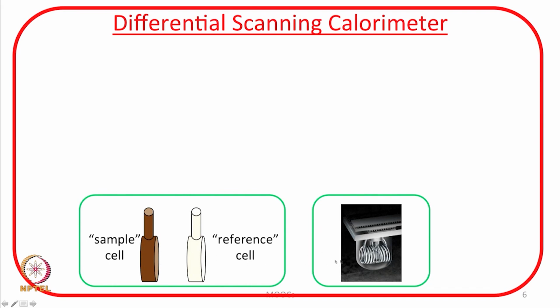What is the advantage of any one of these over the other? We will discuss a bit later, but you do not want any additional reactions to take place when the sample is filled in these cells. We will discuss a little more about this later.